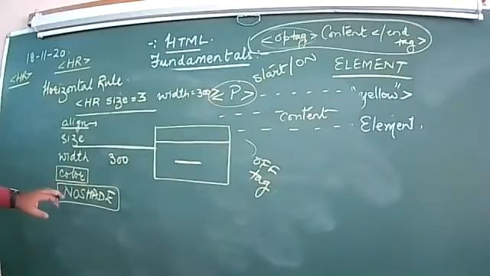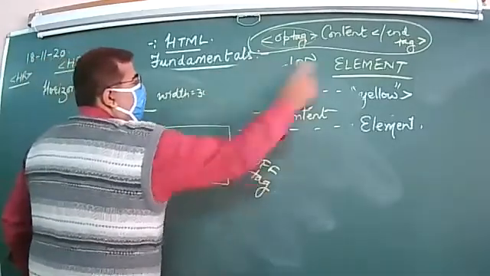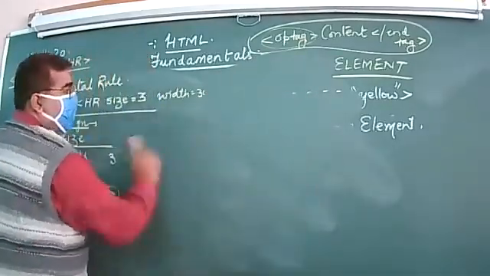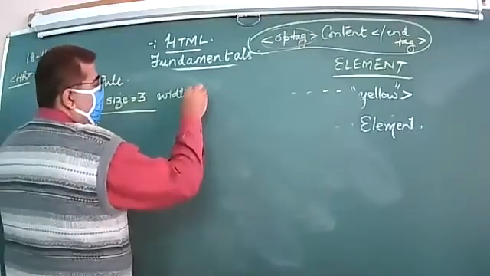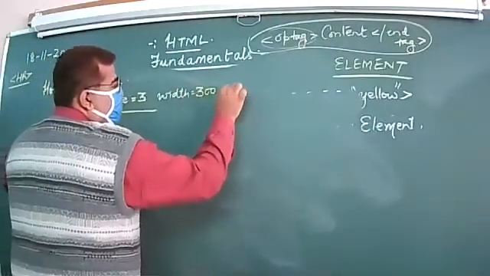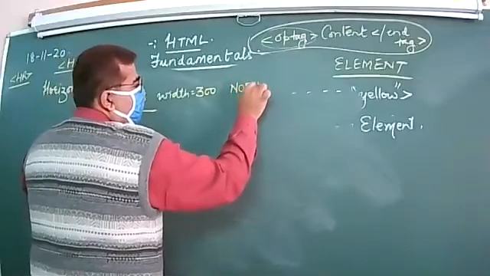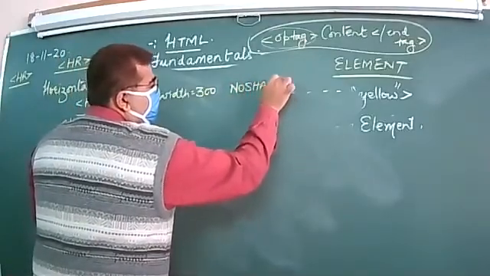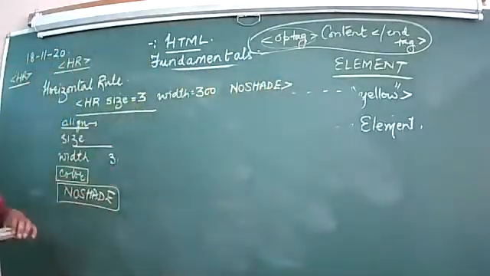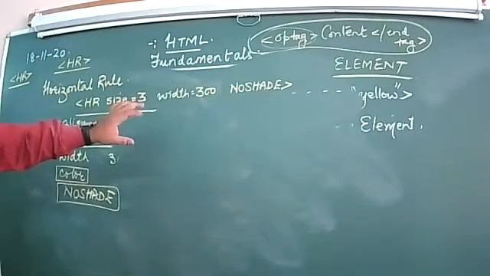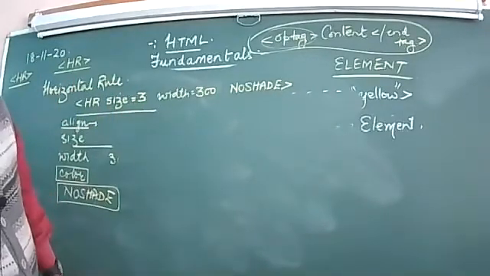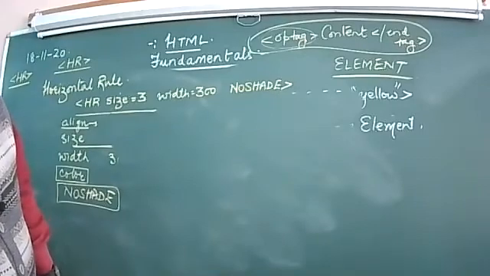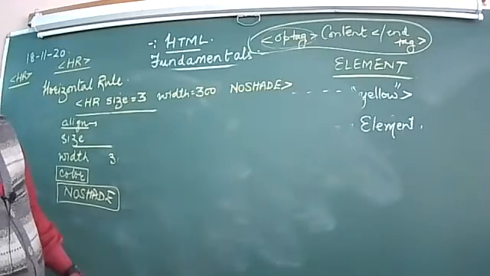Next comes noshade. How to write the noshade attribute? You don't have to give any value while giving noshade. Just write noshade. You don't have to give any value while providing the noshade attribute.